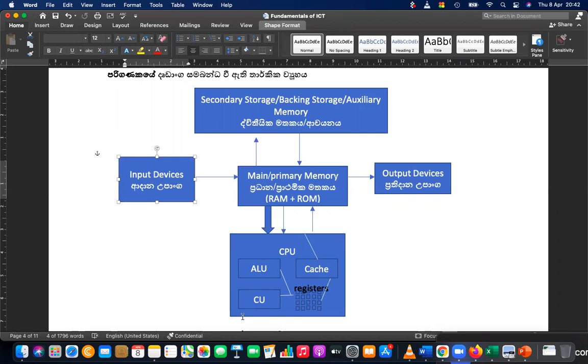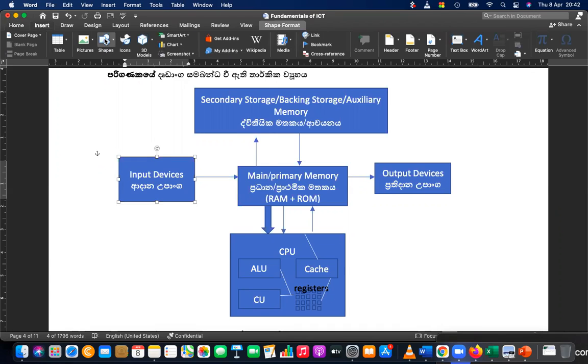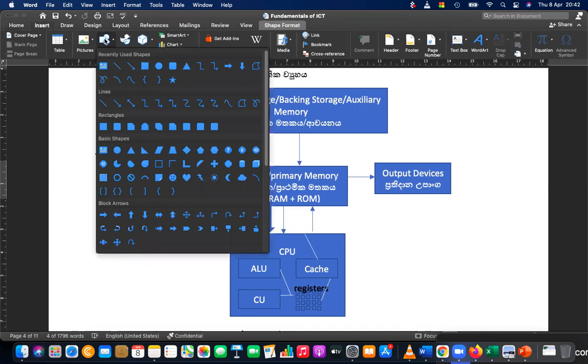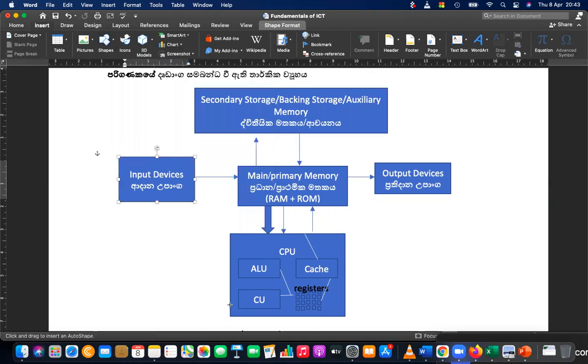And CU, on the other hand, is also a very important component. I want to add a few pencil drawings related to CU. You can add a few arrows from CU to other components. That is not the same arrow.